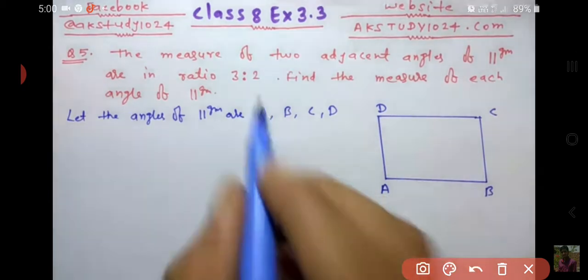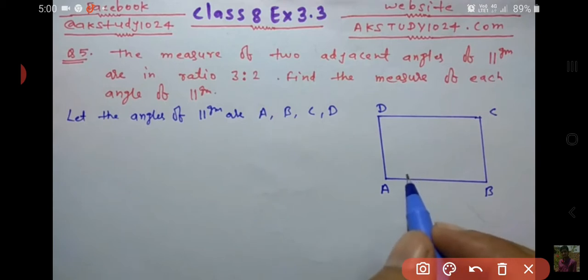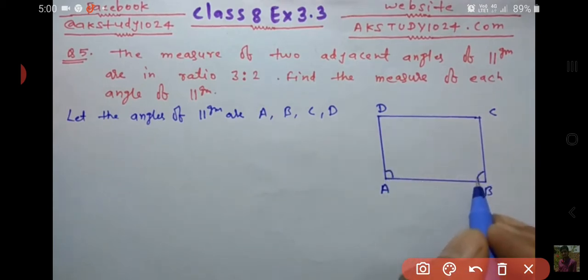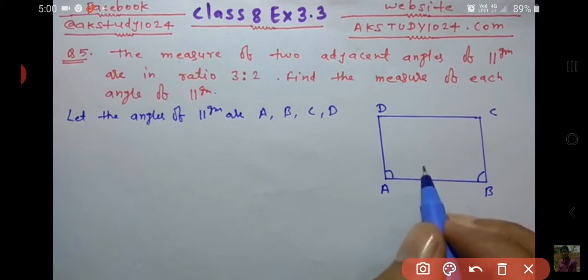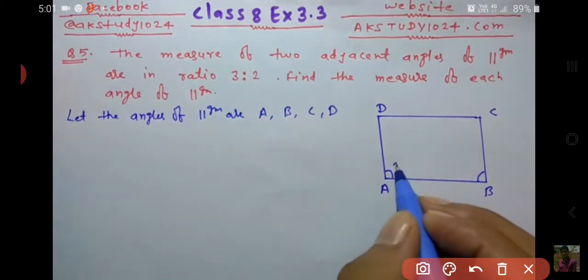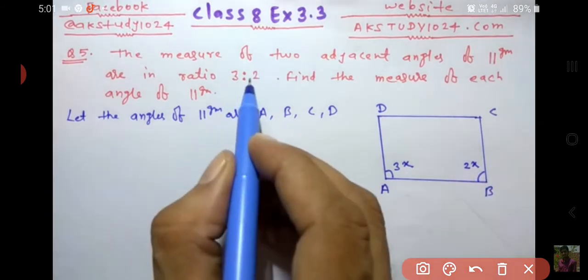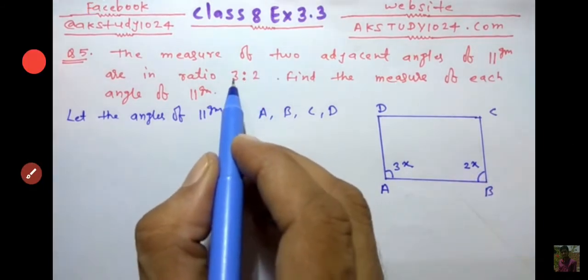The sum of all the angles is 360 degrees. Okay, now given is adjacent angles. What are adjacent angles? It means they have a common arm, so you take A and B as adjacent angles. If A is 3 and B is 2, then it is 3x and 2x.